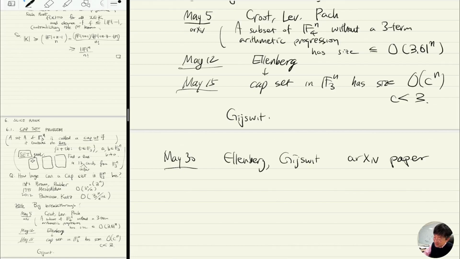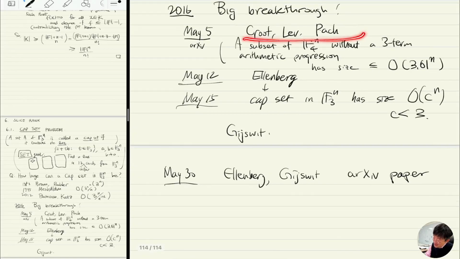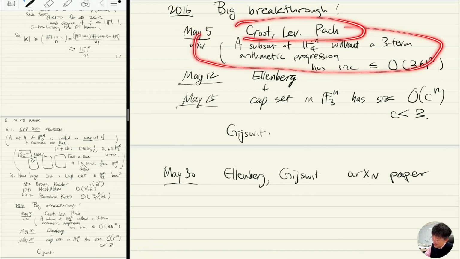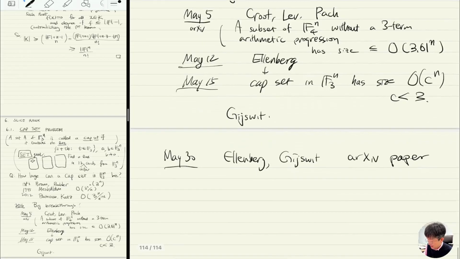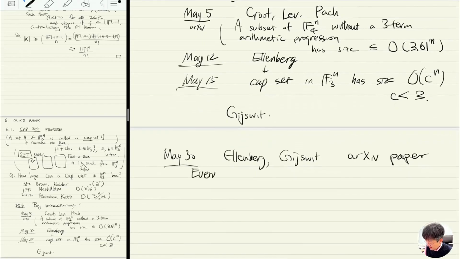Of course, they must have spent a lot of time making this, but after the paper was posted, everything else happened very quickly. And they proved that every capset has size at most little o of 2.756 to the n.